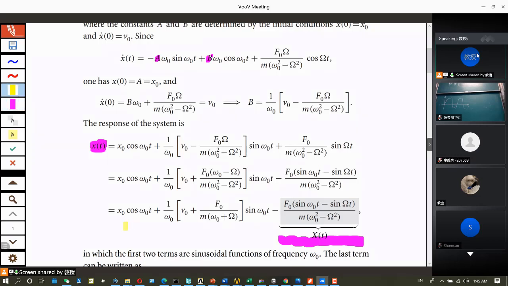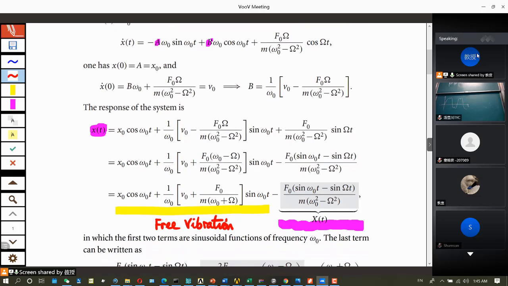Okay, the first two terms are the free vibration. The last term is forced vibration.